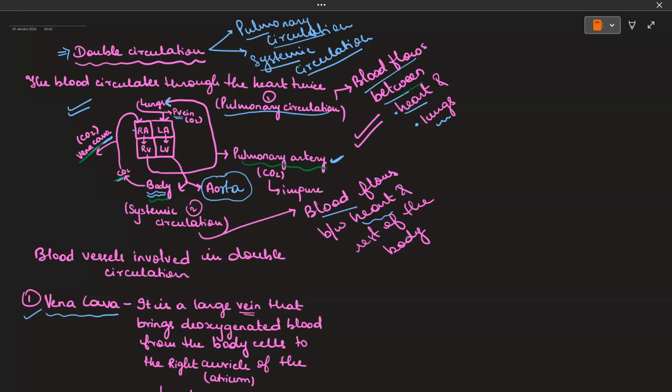Then, from the lungs, when the blood is oxygenated or made pure, it is carried by the pulmonary vein to the left auricle. Now, this is oxygenated blood. Then it goes to the left ventricle, and from the left ventricle, the blood goes to the different body cells with the help of the aorta. So, this is the basic structure of how the circulation takes place.